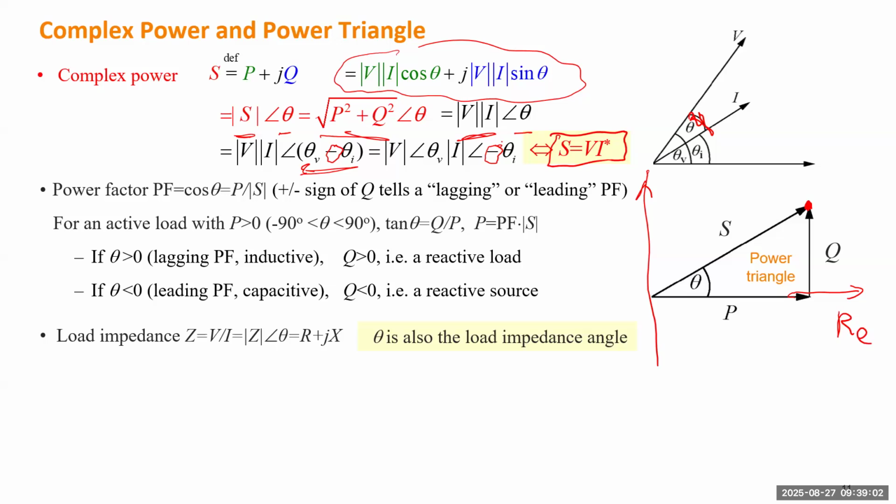If you compare this one with this one, it means P is similar to R and Q is similar to X. So we can draw another triangle also about this theta. Those two triangles are similar to each other. This directly tells us R is the reason causing P, and X is the reason causing Q, and they have exactly the same angle.